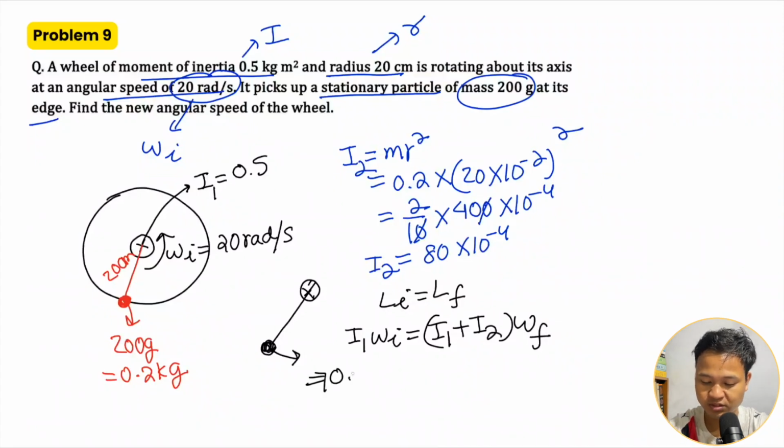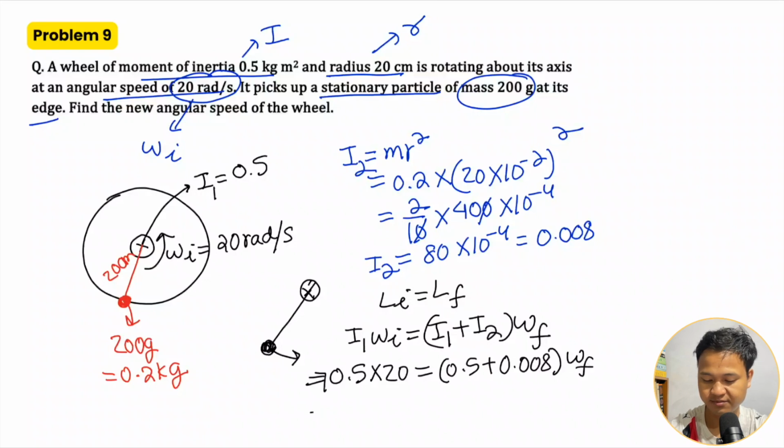So put the values. 0.5 into 20 equals... this is 0.008. The sum of them will be 0.5 plus 0.008 into omega final.